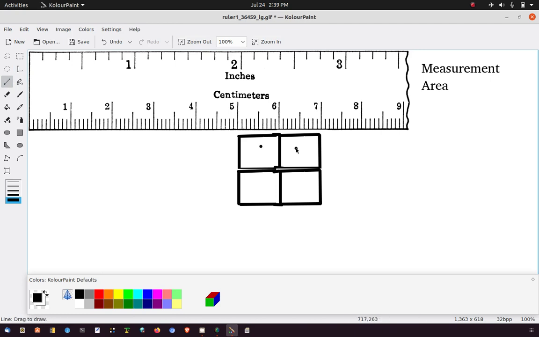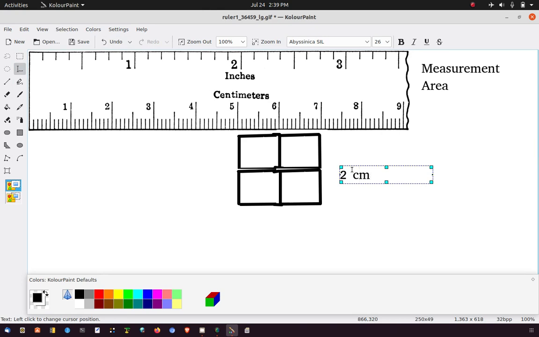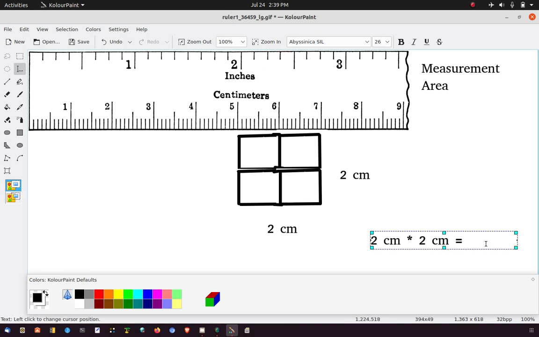I have 1, 2, 3, 4. 4 squares, and each of them is a centimeter. So what I have here is a height of 2 centimeters and a width of 2 centimeters. This gives me 2 centimeters multiplied by 2 centimeters, and that gives me a result equal to 4 centimeters squared.